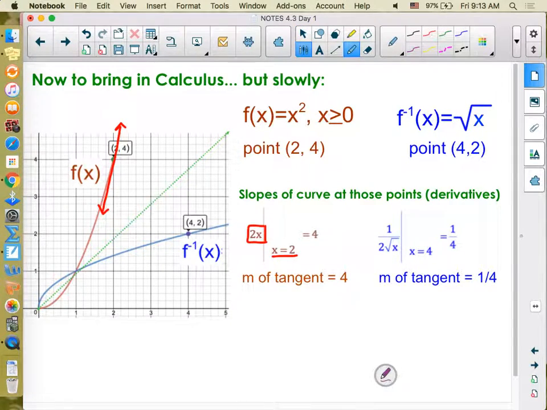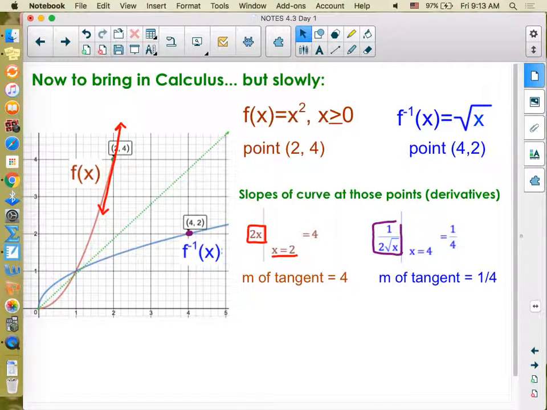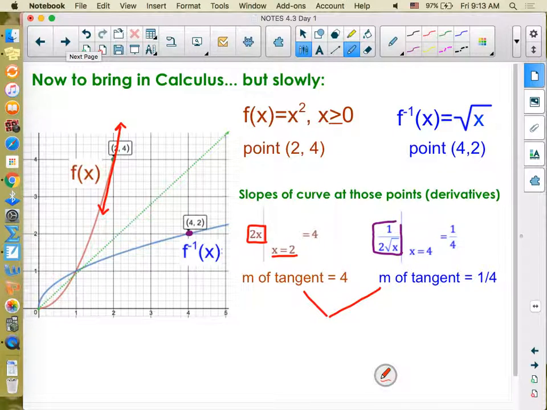If I go to the (4, 2) point, the point whose coordinates are input, output flipped on my inverse function, and I do the derivative of the inverse function and evaluate it at that point, the slope comes out 1/4, because again, x's and y's have switched, so our role of slope gets flipped upside down. The big takeaway is that on my inverse function, my slopes are reciprocals.